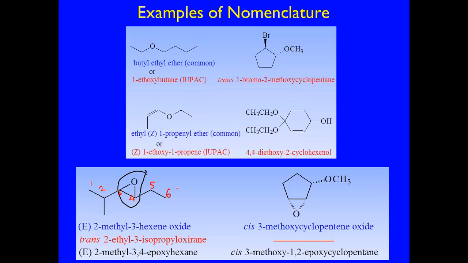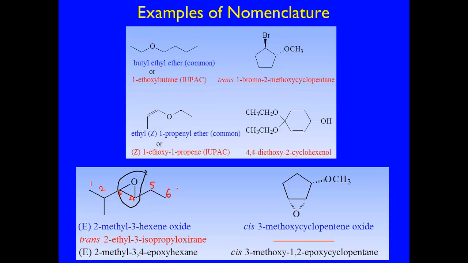That's the geometry of the epoxide, E. And at 3 position and 4 position there are 2 substitutions, right? That is epoxy substitution. So 2-methyl 3,4-epoxy hexane. So 3,4 is the place where oxygen is bridging. That's why the epoxide location has to be mentioned in the IUPAC nomenclature. Okay. So there are various ways of naming these compounds.